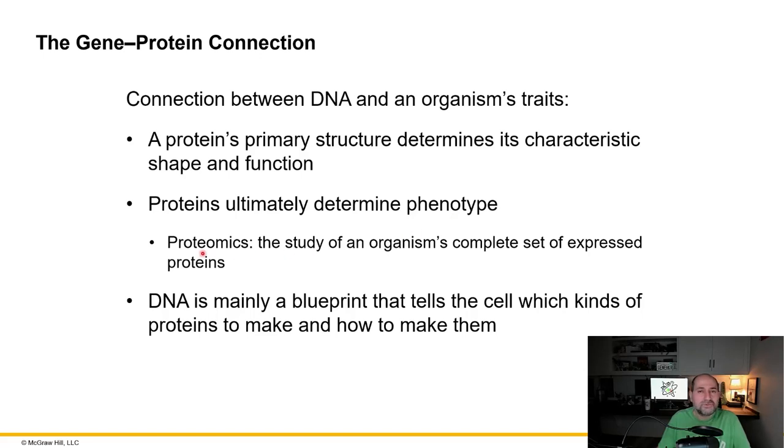And there's a whole new field of biology known as proteomics, which is the study of an organism's complete set of expressed proteins. We want to know what all of those proteins do in your body. And again, it's your DNA that is the blueprint that tells the cell how to make those important proteins.